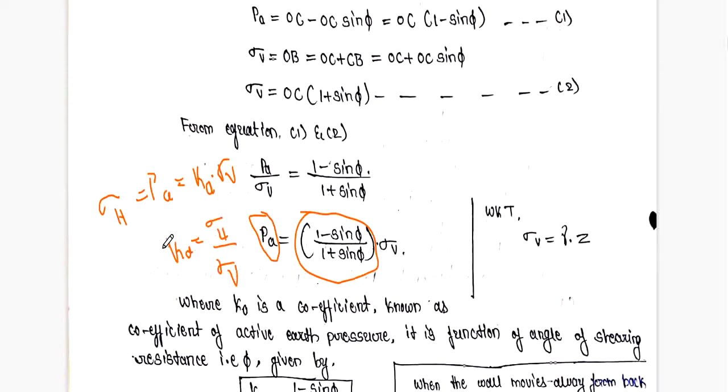Initially, if the earth pressure is at rest, I can call this K naught. If the earth pressure is at active state, meaning the wall is moving away from the backfill, I can call this coefficient Ka, the coefficient of active earth pressure, that is sigma H divided by sigma V. From this I can derive the equation for Ka.